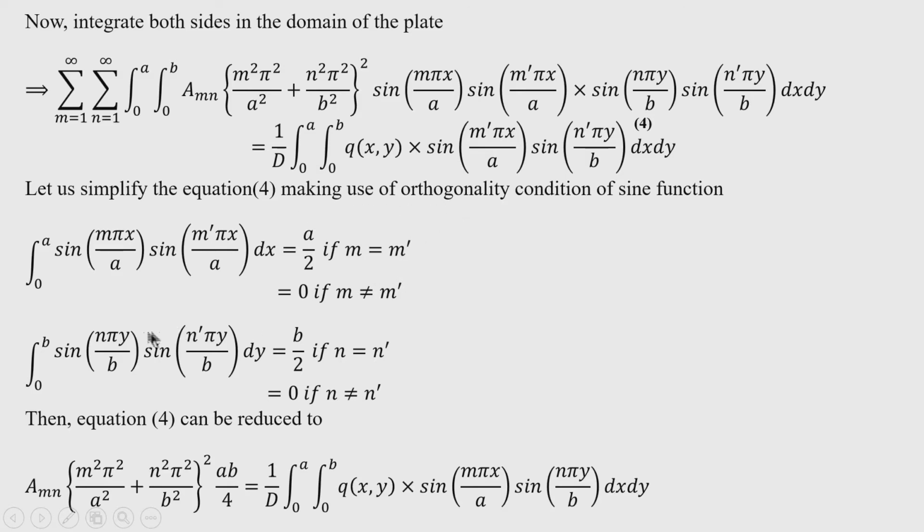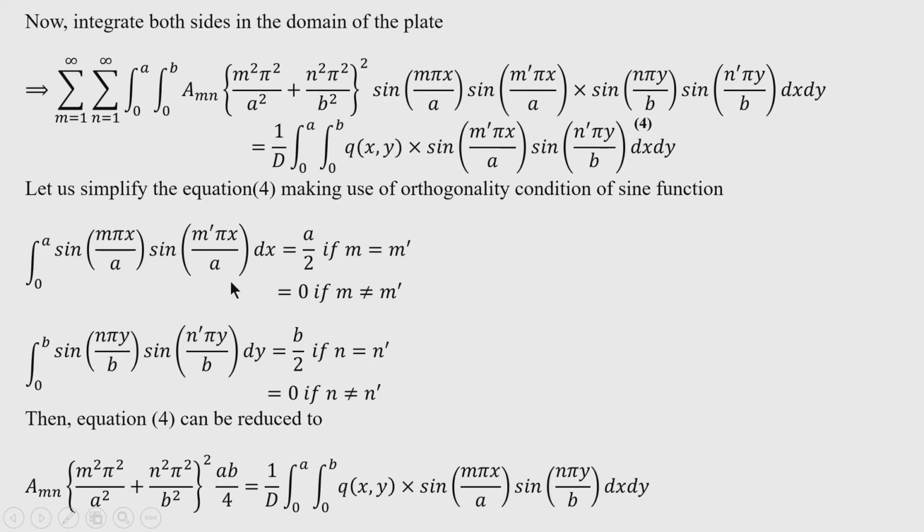The orthogonality condition of the sine function is well known: the integral of sin m pi x by a into sin m dash pi x by a dx from 0 to a. If I integrate this, then for m equal to m dash, the value of the integral is a by 2, and for m not equal to m dash, we get 0.